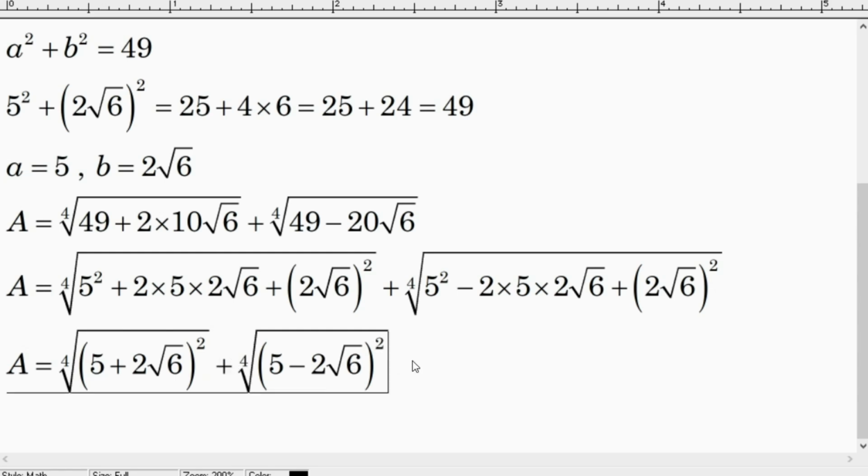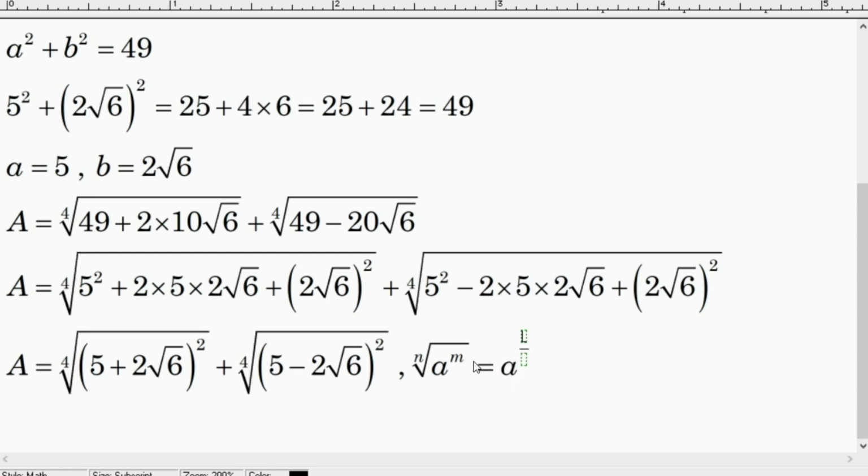Okay, and then I want to remind you a simple formula, which is n root of a to the power of m, which is equal to a to the power of m divided by n. Okay, so for here 4 stands for n and 2 stands for m. So when we use this formula to apply with this quantity, what we will get?